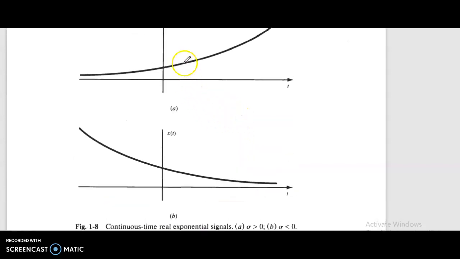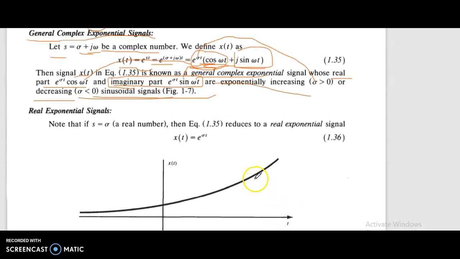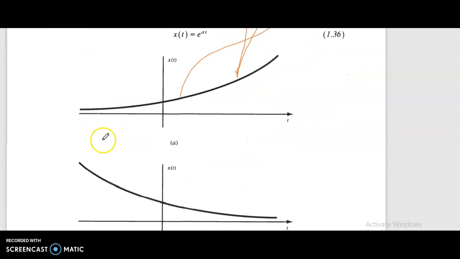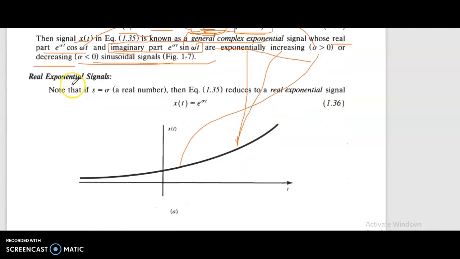In figure A the condition is sigma greater than 0, so the signal is exponentially increasing. In figure B the condition is sigma less than 0, so it is exponentially decreasing.